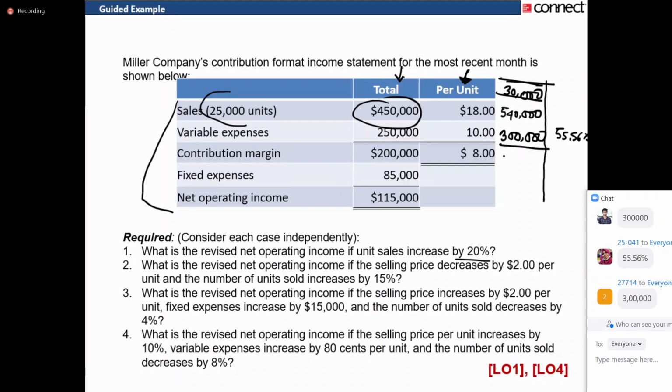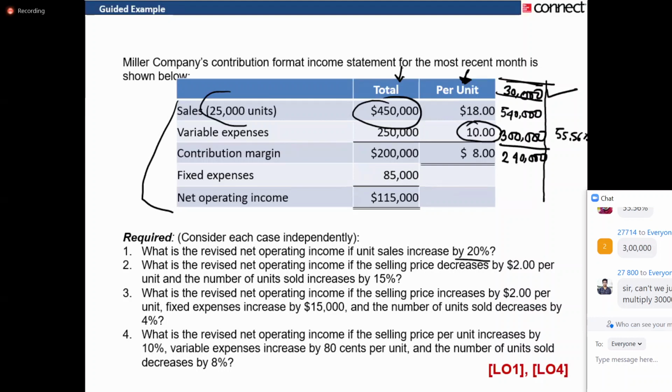If we subtract the variable expense from the sales, we get the contribution margin. Alternatively, as you have the unit sales 30,000 and the variable expense per unit $10, you can apply 30,000 multiplied by 10 to get the 300,000 variable expense. There is no problem, you can use this.